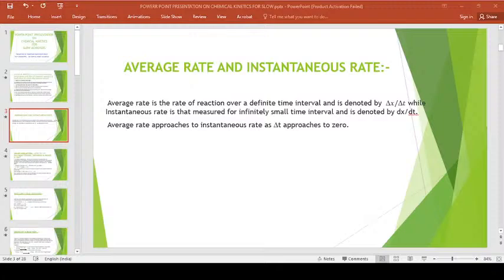Second point, their values depend upon the condition of a reaction. Now let us see the differences between order and molecularity of a reaction. In the order column, the first point is it is the sum of powers of molar concentration terms of the reactant in the rate law expression of a chemical reaction.